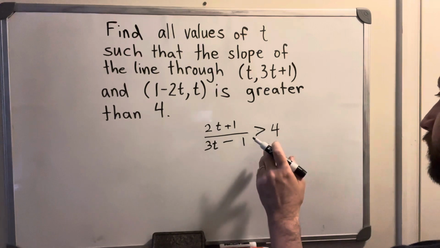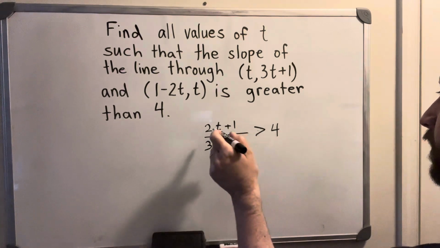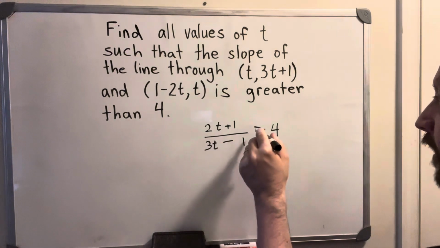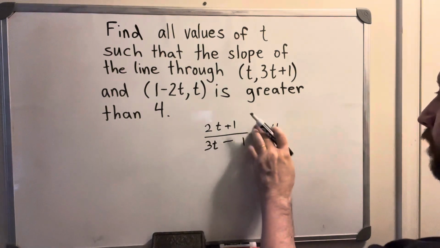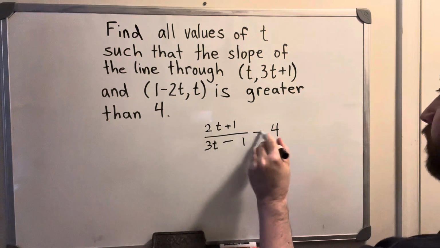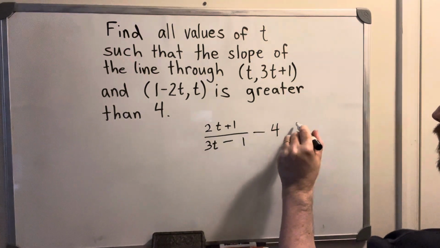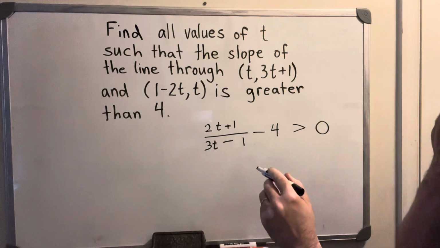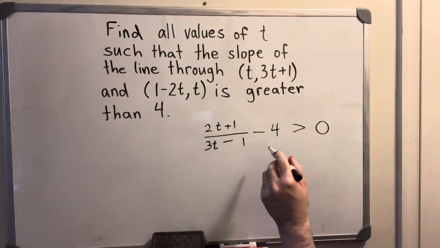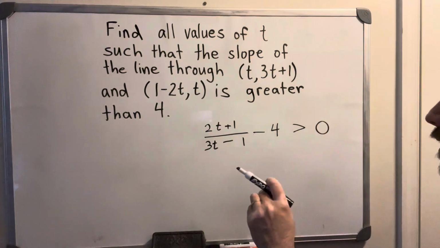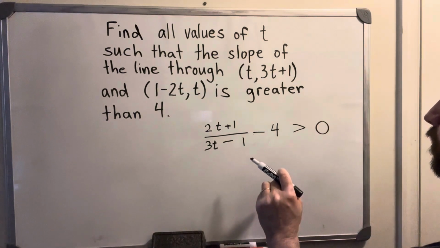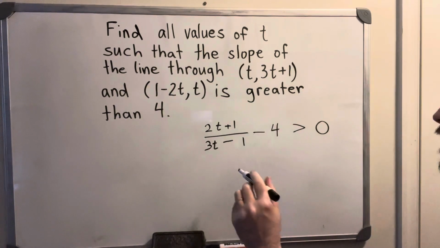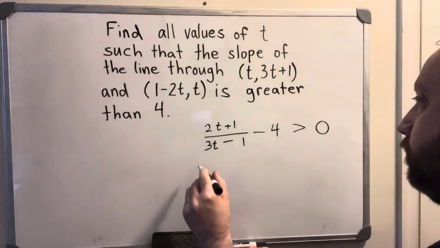What we can do is, if 2t plus 1 over 3t minus 1 is greater than 4, then if we subtract 4 from it, it's greater than 0. Why did I do this? Well, watch this. We'll see. Now, if we want to combine this, what do you get?